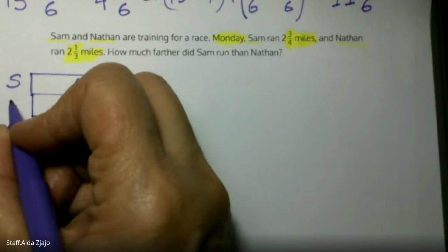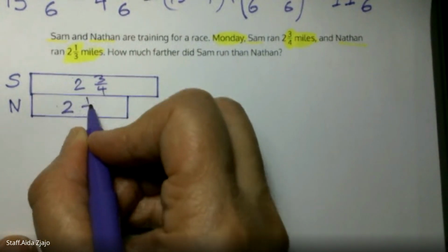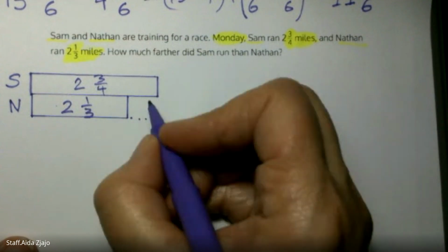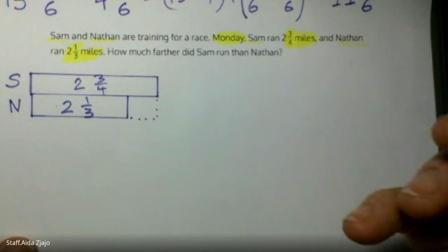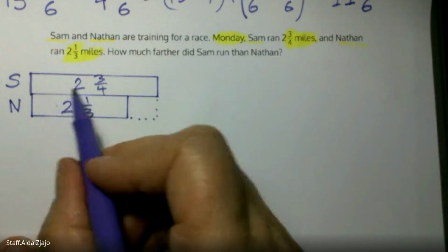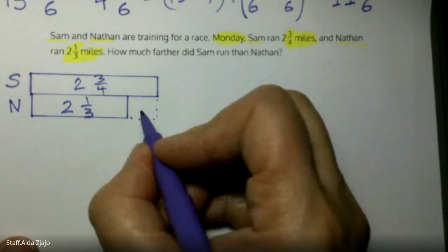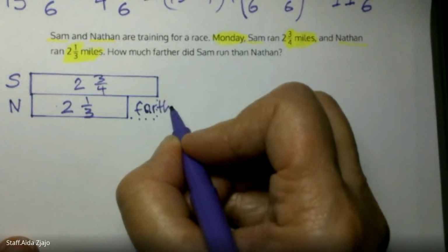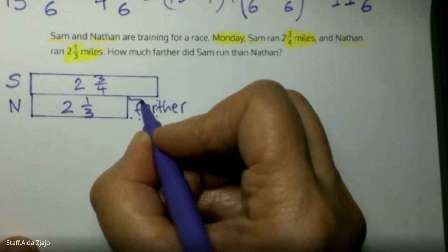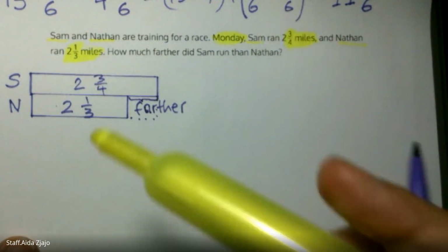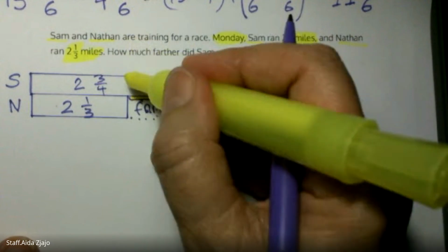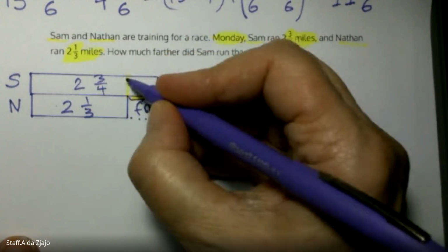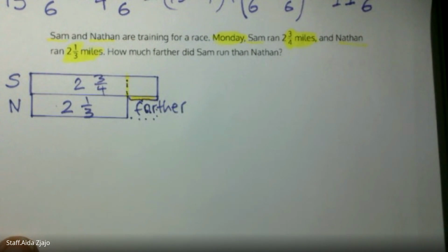We need to know the difference in between. How much farther did Sam run than Nathan? Farther is this much. If they were the same, they would be like this, but Sam ran farther, and we need to know how much farther that is.